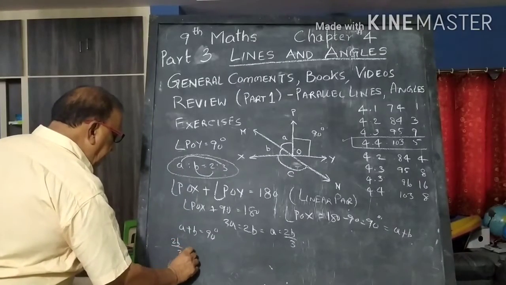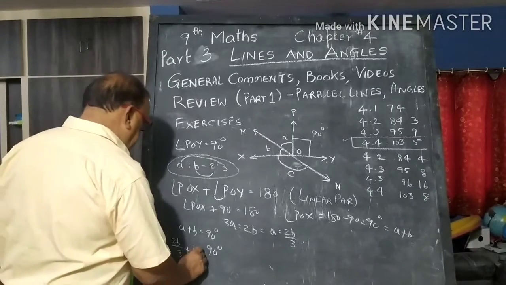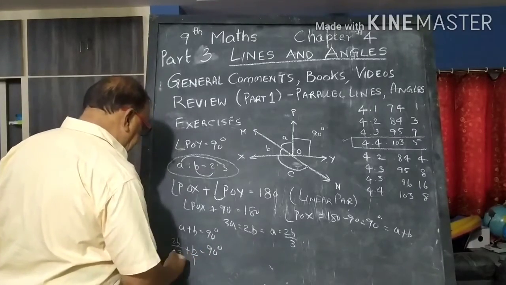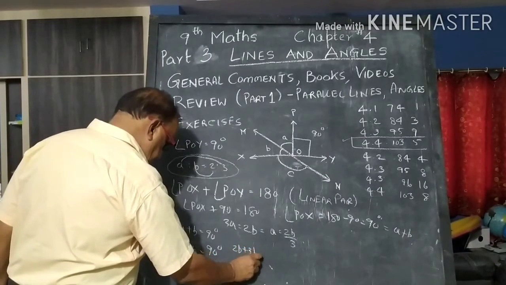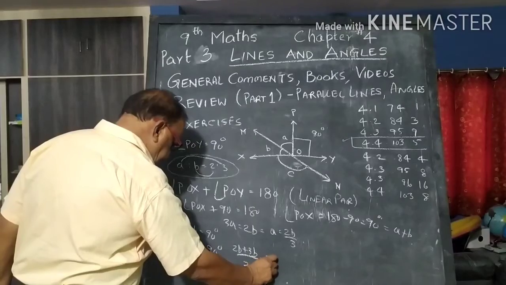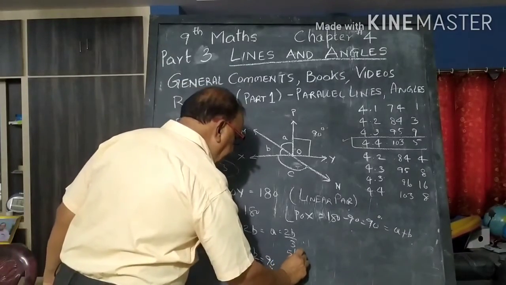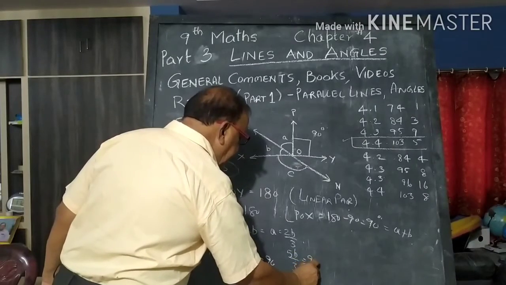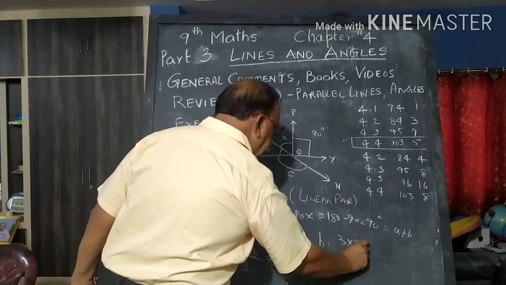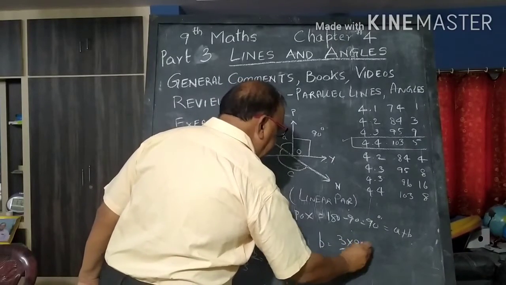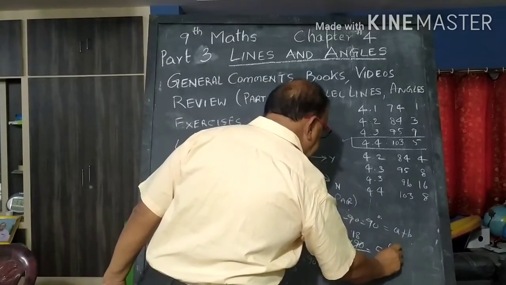So 2B by 3 plus B is equal to 90 degrees. If you do the LCM and all that, 2B plus 3B by 3 is equal to 90. This is 5B. So 5B by 3 is equal to 90 degrees. Therefore B is equal to 3 into 90 divided by 5. So 5 into 18 is 90. So B is equal to 54 degrees.